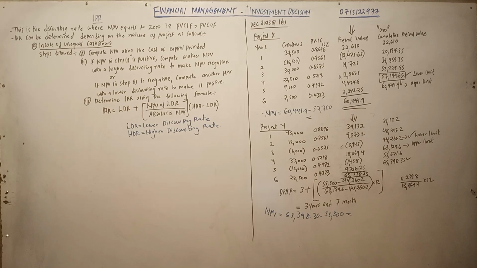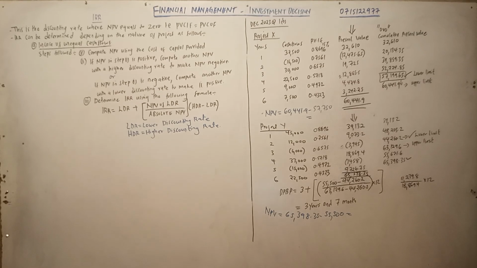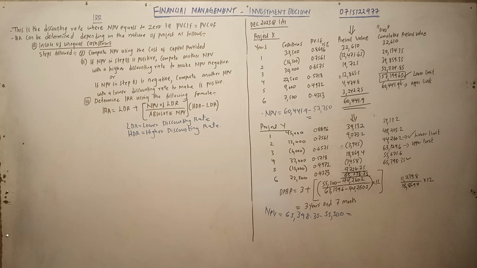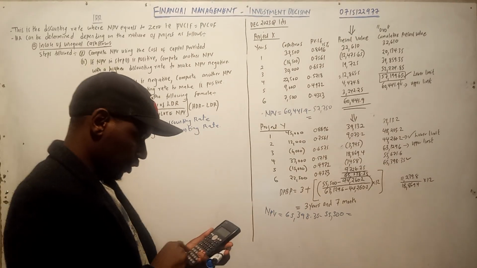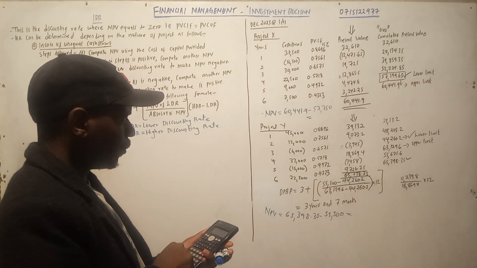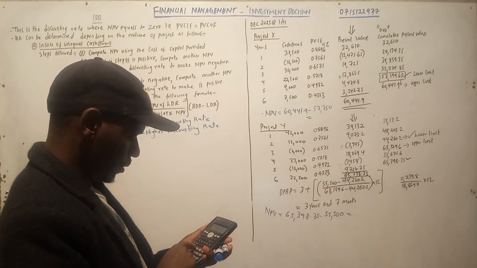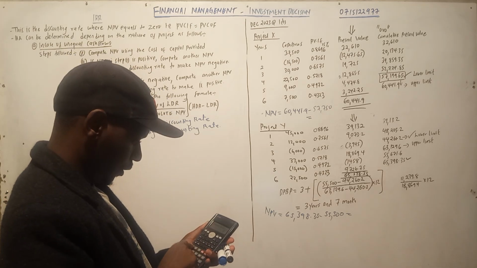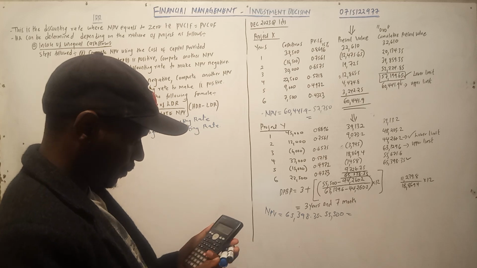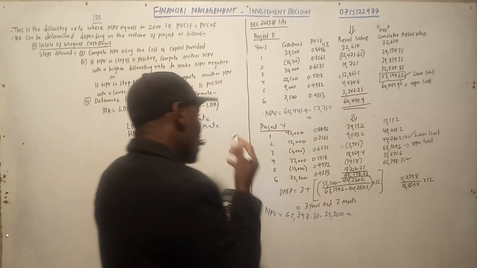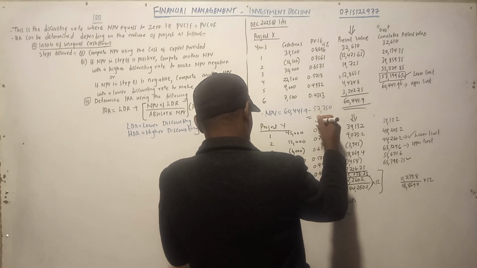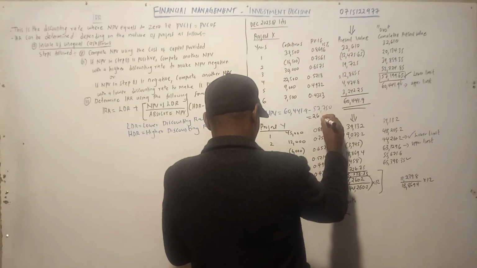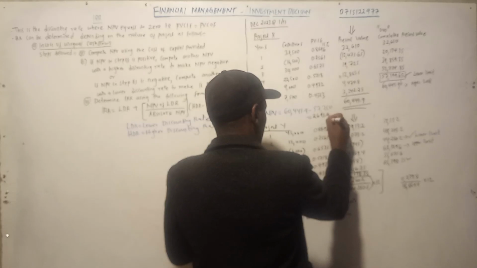Okay, so let us get the NPVs. Though we had calculated, tulikuwa tusha calculate the other day. Tunasema ni 60,441.9 minus 57,750. So hiyo NPV yake ni 2,691.9.